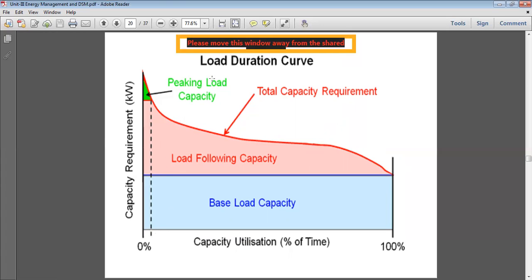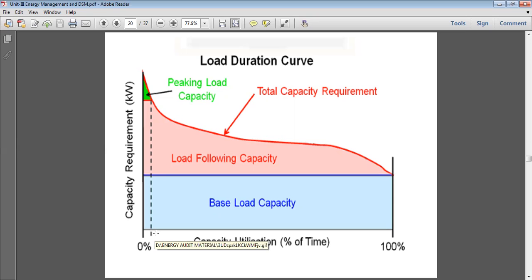It is found that the peak load is going to occur for a very small period of time, say for example 1 or 2 hours, or it is occurring from 6 p.m. to 10 p.m. So what would be the method to cope with this or to fulfill that demand? We can start our DG sets, we can start our pump storage power plants which can be quickly on and quickly off.